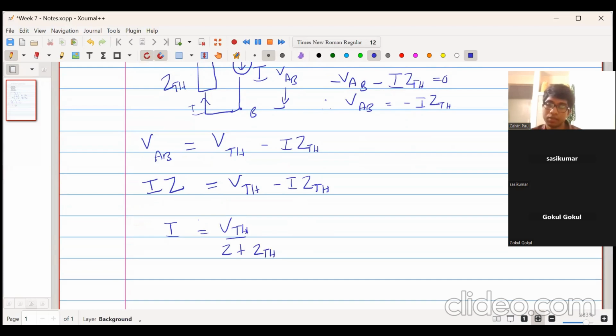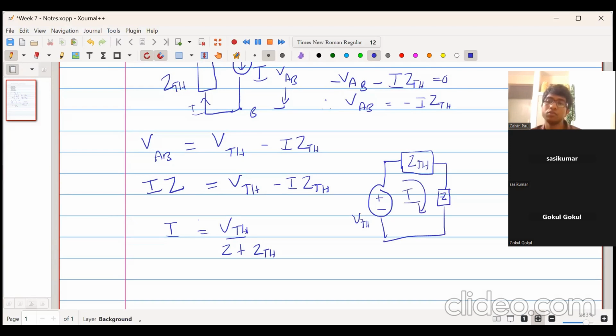So this actually is the Thevenin theorem, and we represent it like this: we have V Thevenin over here, Z Thevenin over here, and we have Z, and we have to find the current.